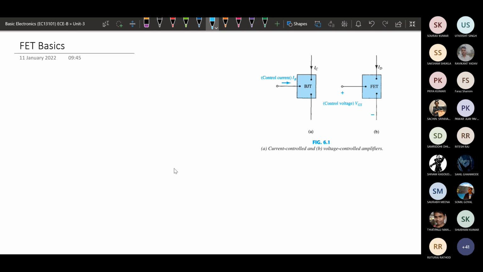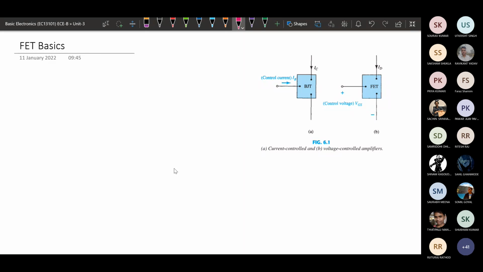Here in this diagram, a black box is shown. This is a BJT. Based on the input current, that is IB, so IB was the input current, we were varying the input current and based on that we were getting some output current.